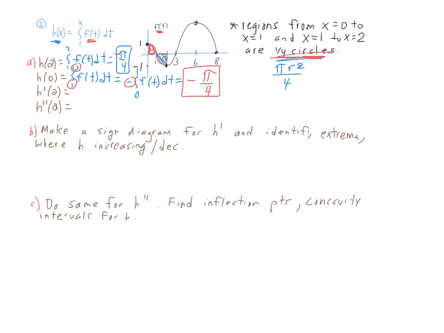All right, next we have h prime of 2. Well, if I am going to find the derivative here, h prime of x, this is what we were talking about before.